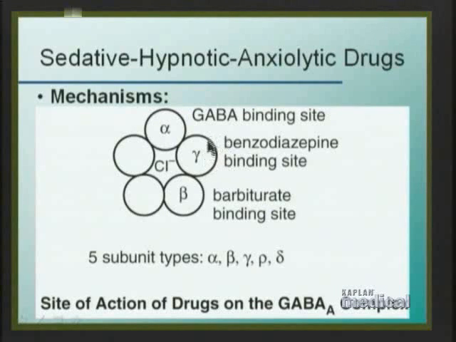We will further distinguish for benzodiazepine binding sites two spots on the GABA-A receptors, and these spots where benzodiazepines bind are given, very loosely, the term benzodiazepine receptors. Now, never think that benzodiazepine receptors are unrelated to a GABA-A receptor. In reality, a benzodiazepine receptor is simply a site involving the gamma subunit to which benzodiazepines bind.